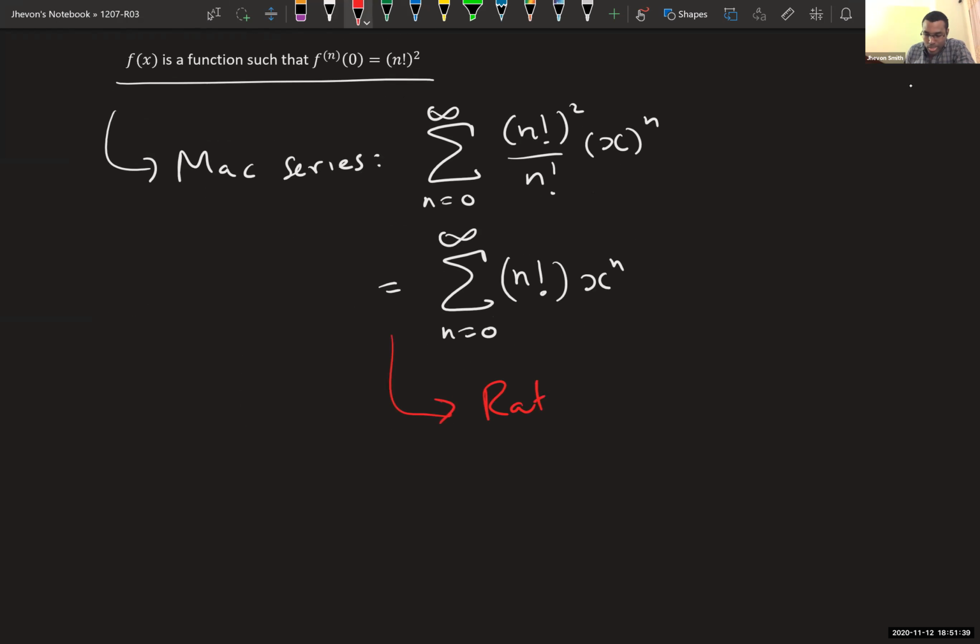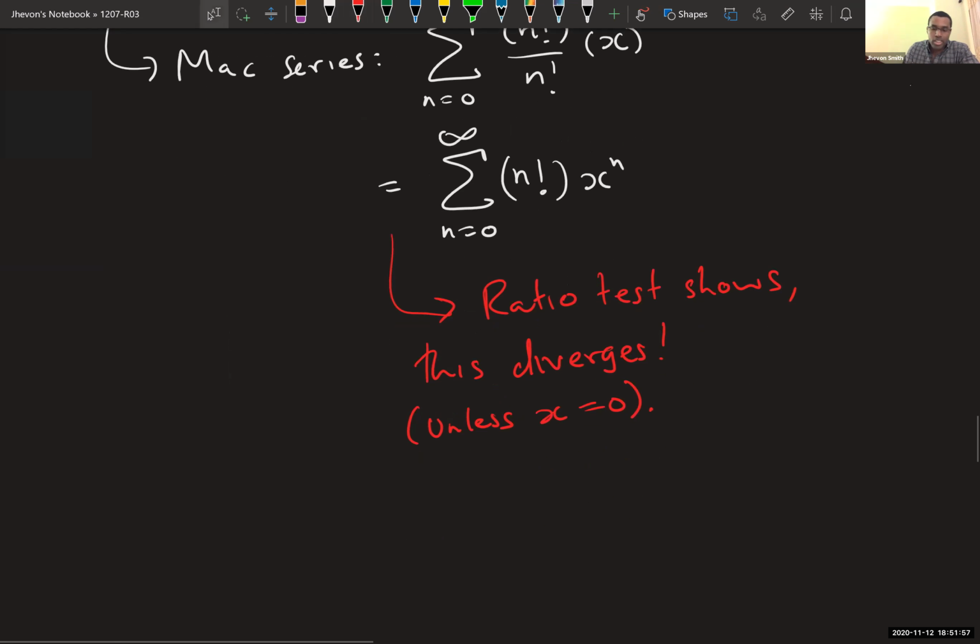Ratio test shows this diverges unless x equals 0, which means here's a Taylor series, but it only makes sense at this one point.